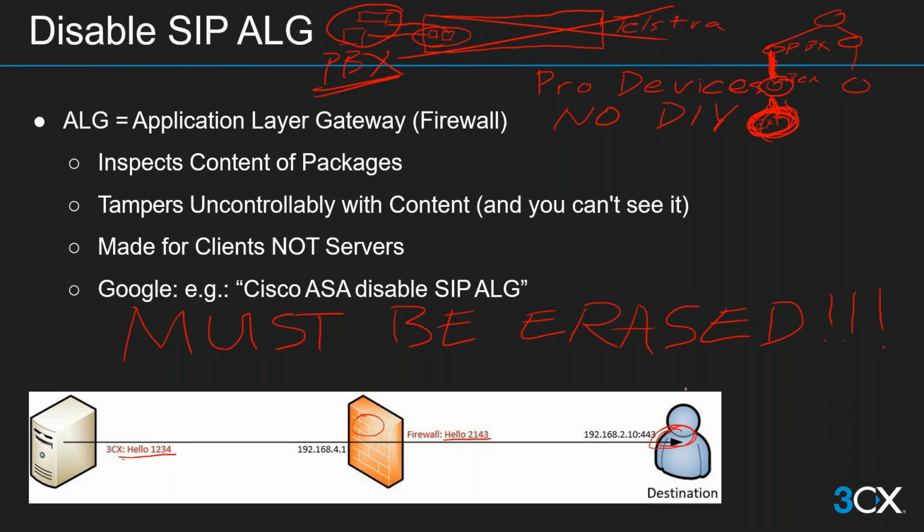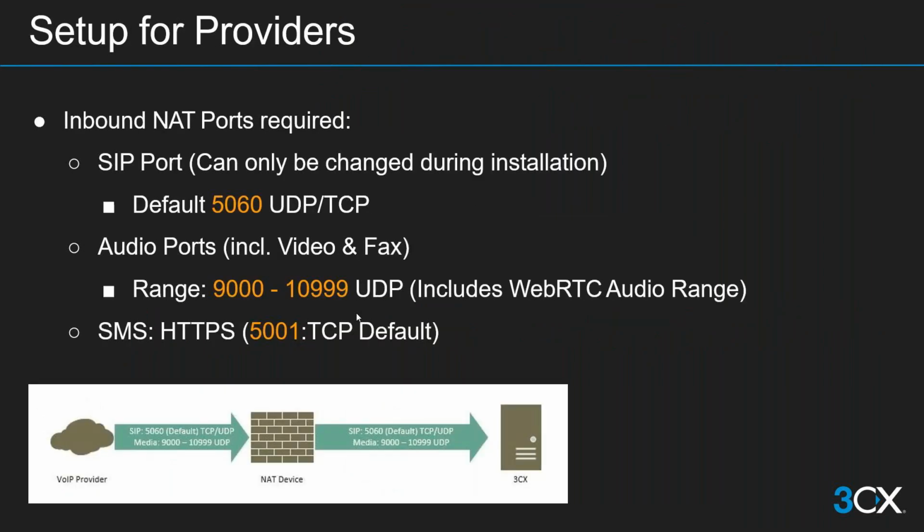Okay. And SIP ALG is literally sitting on every hardware, on every firewall. You have to make sure that it's disabled. Now, setup for providers, if you want to connect to the provider using a SIP trunk. The SIP port can only be changed during the installation. By default, it's 5060 UDP TCP.